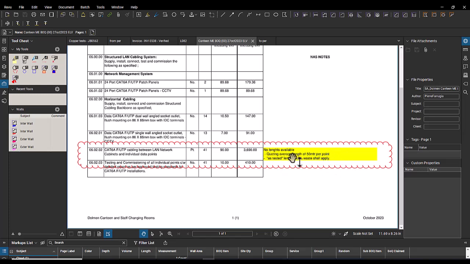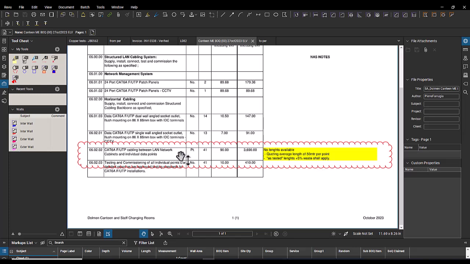Here, in the beginning at the quotation stage, we cannot calculate the total length, because at that time we don't know the location of the cabinets, so we cannot estimate the length of the cable.